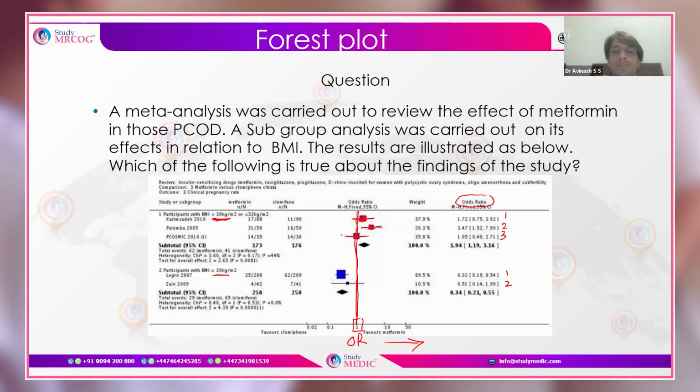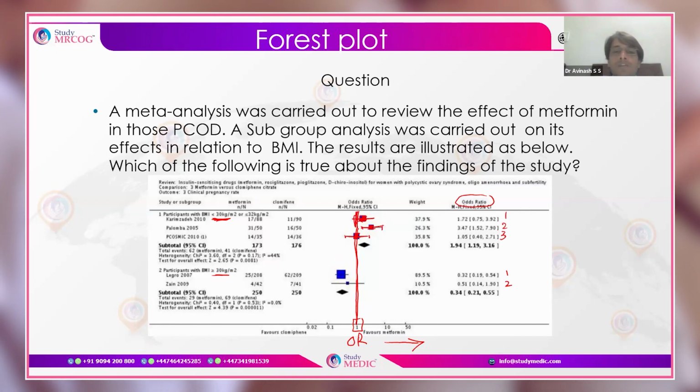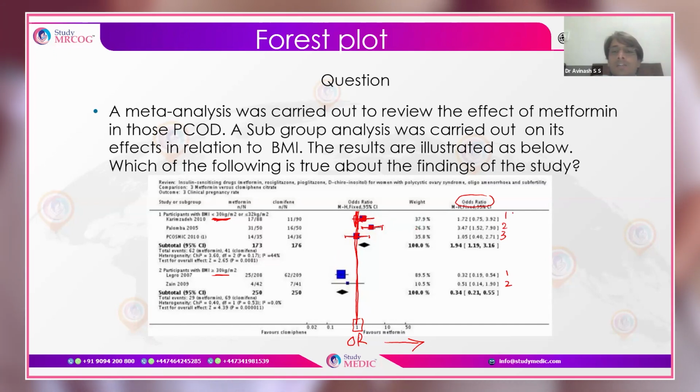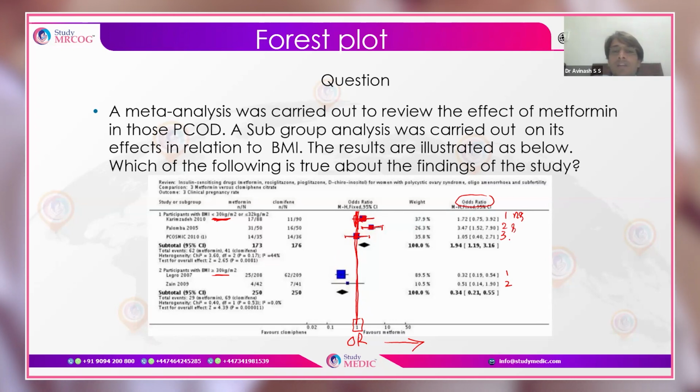Now, if the confidence interval, the horizontal line of an individual study, touches the line of no effect, then the study is not significant. If we see here, the first study is not significant. In the second study, the horizontal line does not touch, so it is significant. The third study is again not significant.